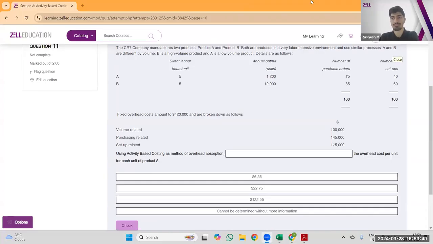Harshida, that's correct. Rupinder, that's correct.